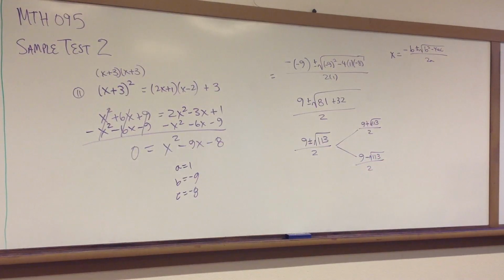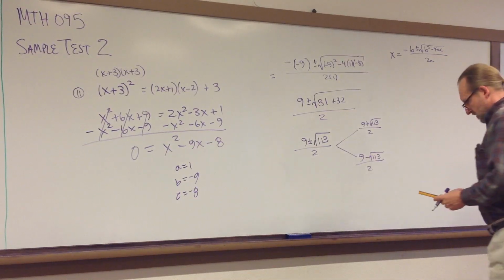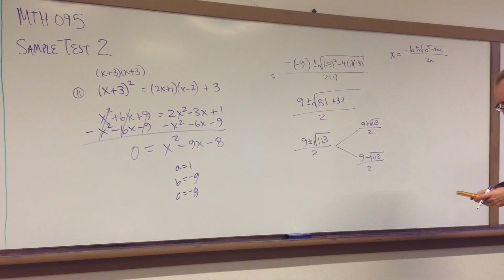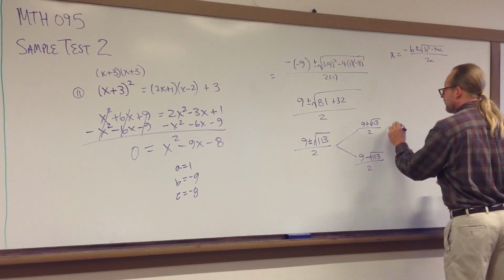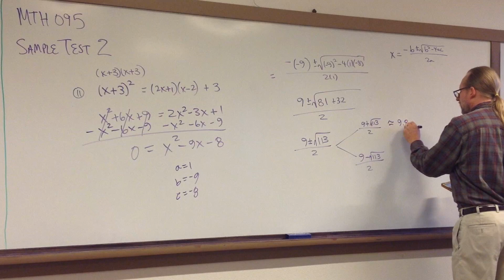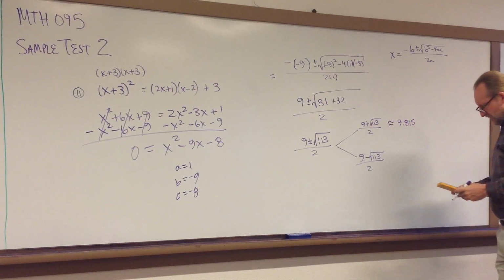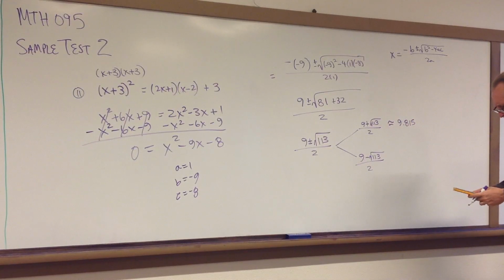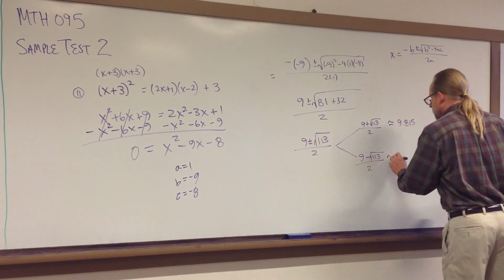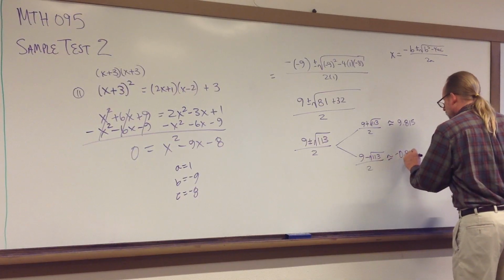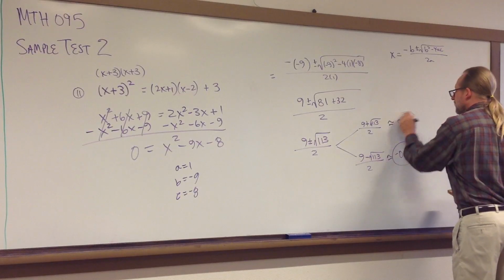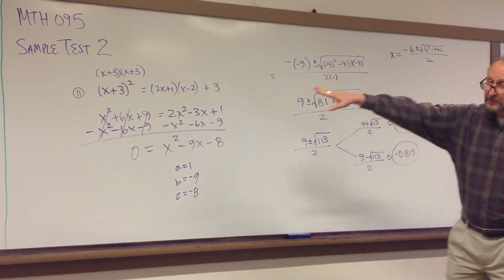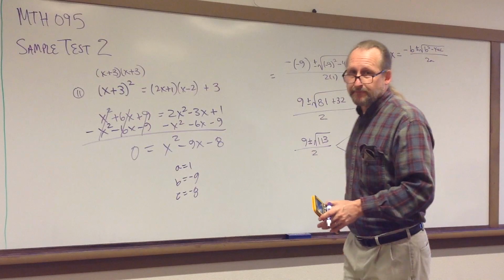Let's see what we get from those when we approximate. 9 plus square root 113 divided by 2 is 9.815. 9 minus square root 113 divided by 2 is negative 0.815. So, there's our two solutions for this equation right here.